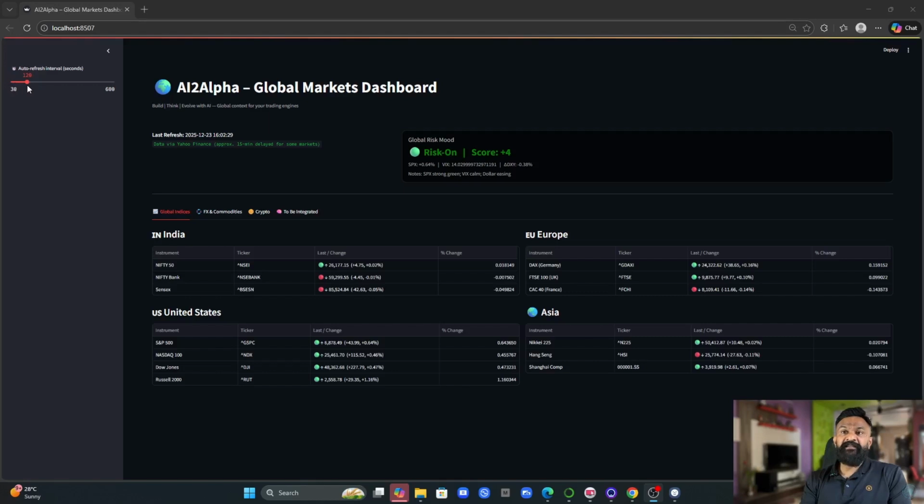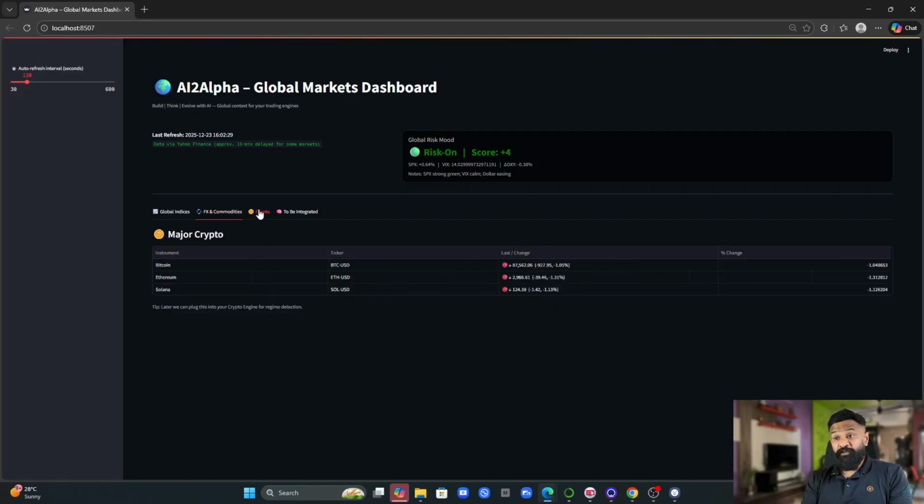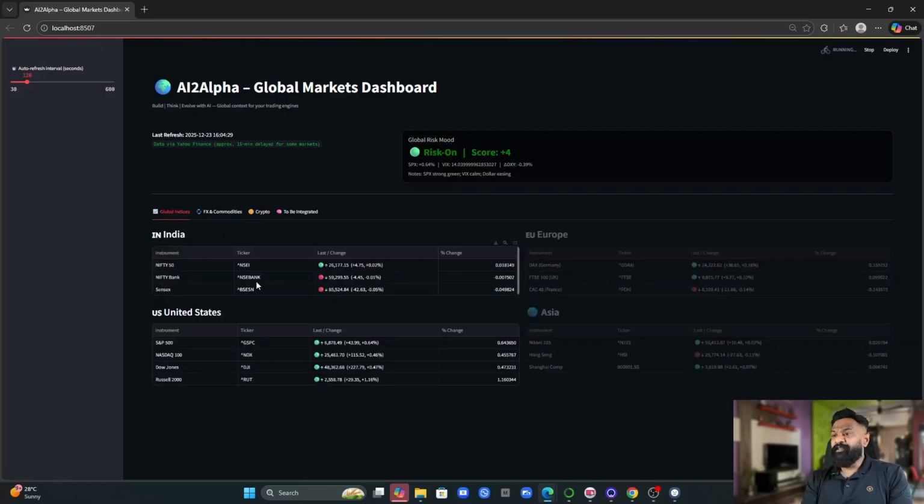I can adjust the auto refresh frequency, and here it gets updated every 2 minutes. Then we also have commodities and currencies like USD INR, GBP USD, gold, silver, crude oil, also crypto, Bitcoin, Ethereum, and so on. Why is it important? It's important to look at all the indices worldwide to understand the global risk mood.